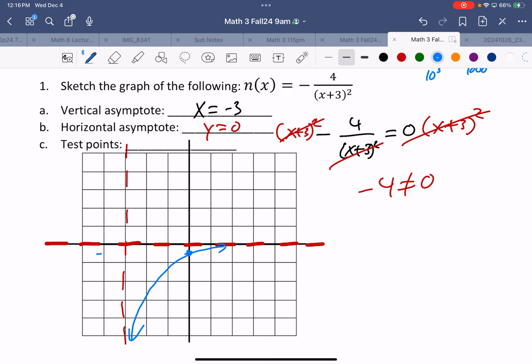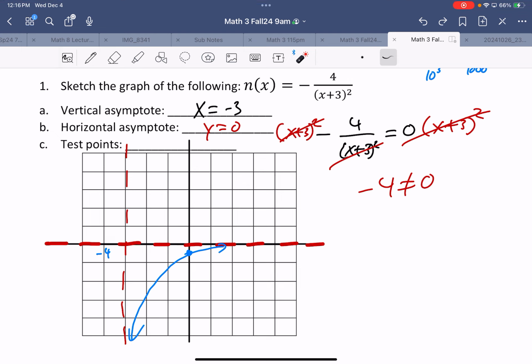And then on this side, I'll just choose -4, and -4 in here is going to give me -1, but -1 squared is 1. And then -4 divided by 4 is going to be negative. So right here I got -4/9, which is below this horizontal asymptote.